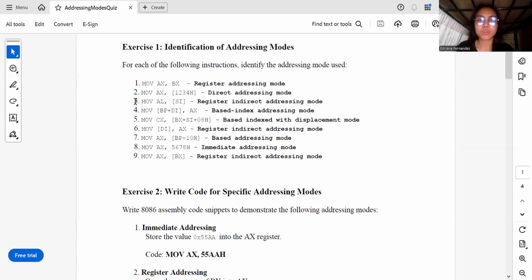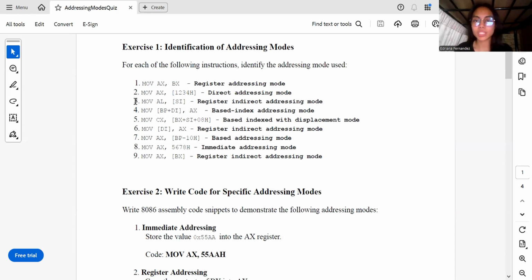Number 5, move the value from the memory location calculated by adding the contents of the BX and SI registers and the displacement, which is the 08H, into the CX register. The address is formed by a base register, which is the BX, and an index register, which is the SI, and a displacement, as I mentioned, which is the 08H.